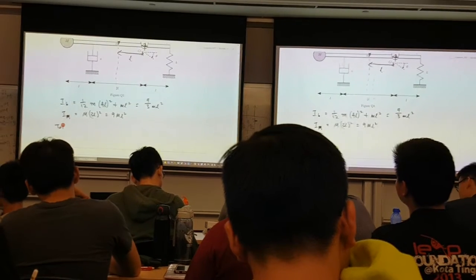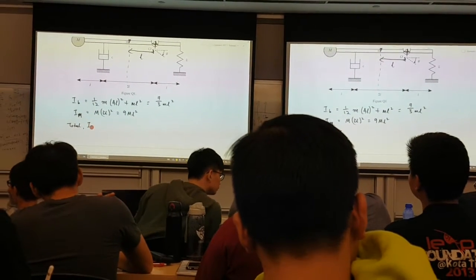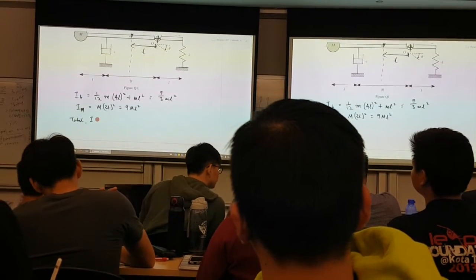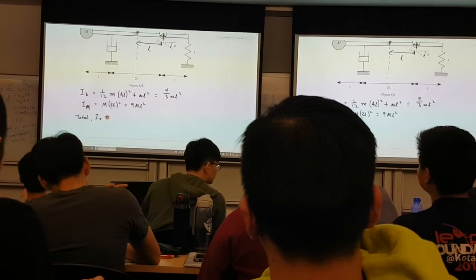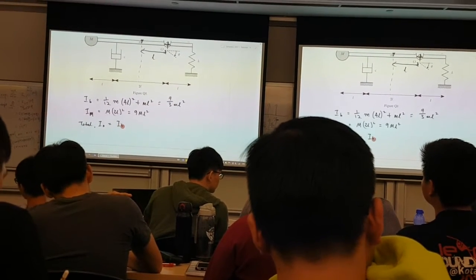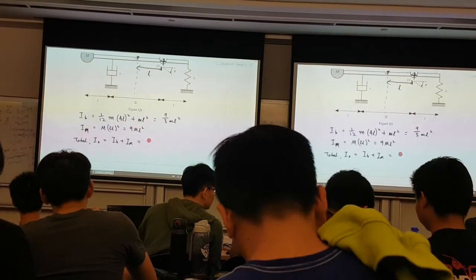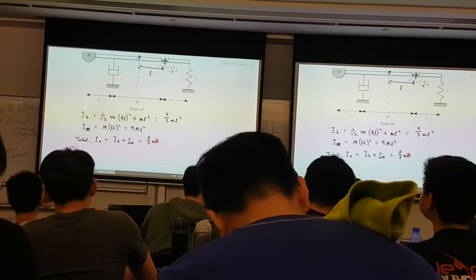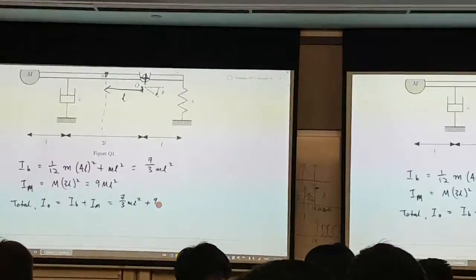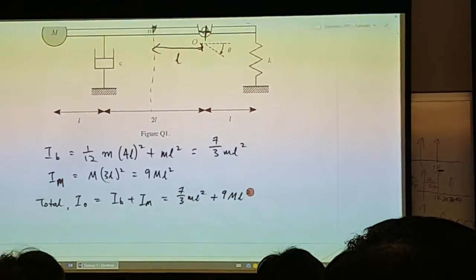So the total inertia, right? I use I-naught to represent it, it will be IB plus IM. So you get 7/3 ml squared plus 9mL squared.